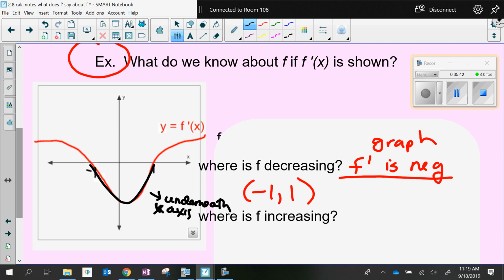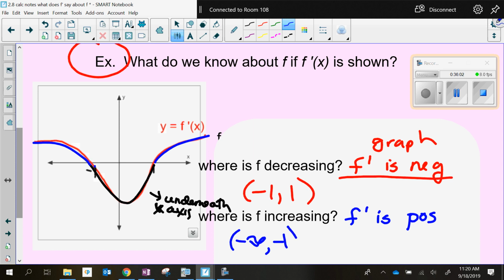Good job. Okay, where's f increasing? Remember, that's where f prime is positive. On your graph, you're above the x-axis here and here. So, negative infinity to negative 1, and then again 1 to infinity.